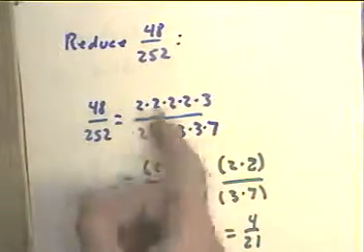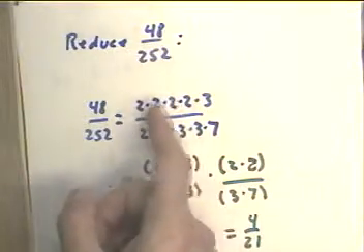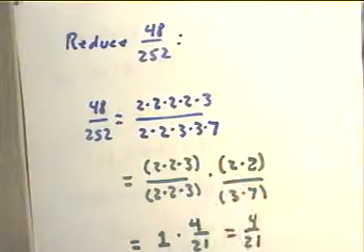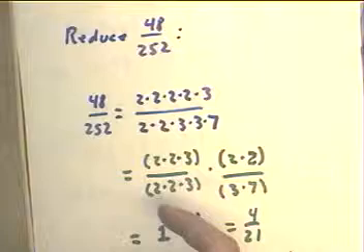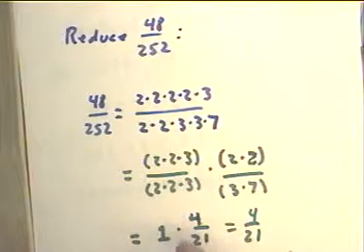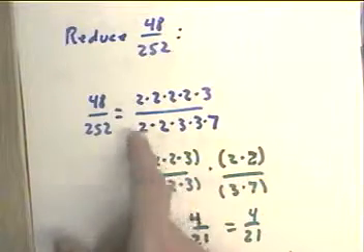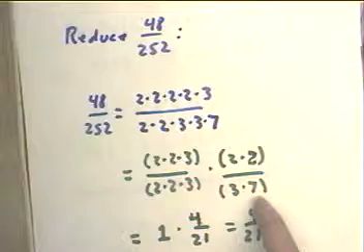And we see that we can rewrite the numerator as 2 times 2 times 3. Let's say we take these 2's and this 3 and put them out in front and leave us these 2's. The denominator, we do the same thing. We factor out 2 2's and a 3, leaving us a 3 and a 7.